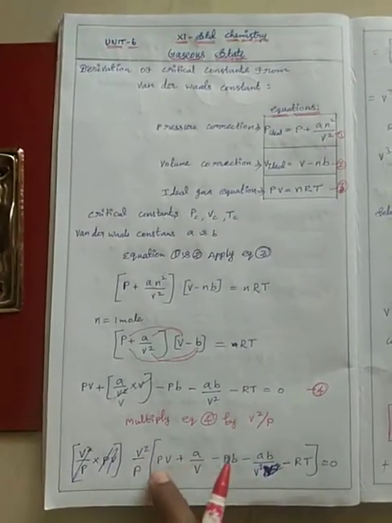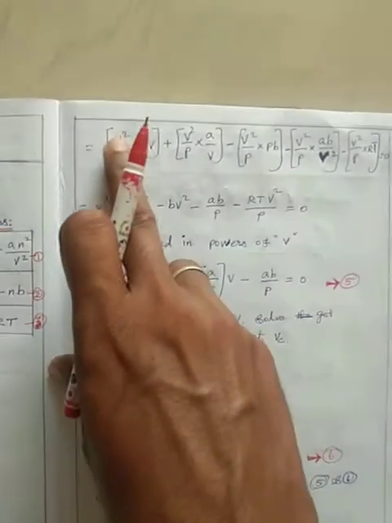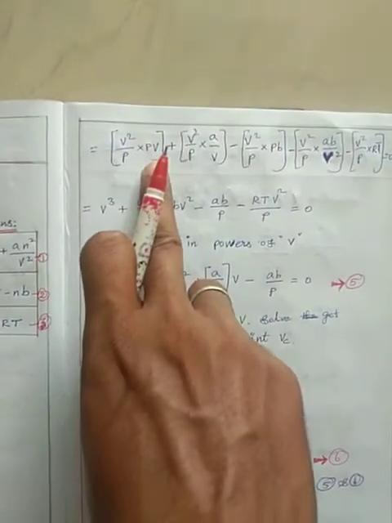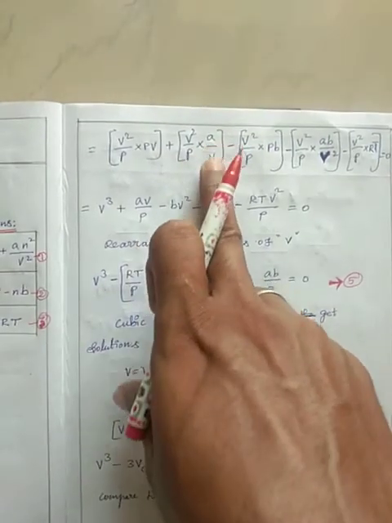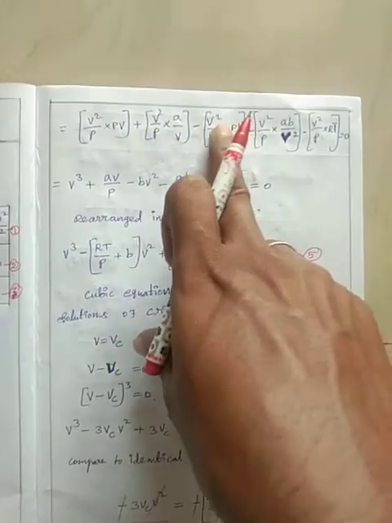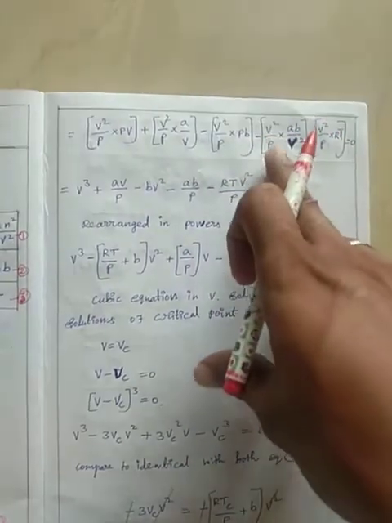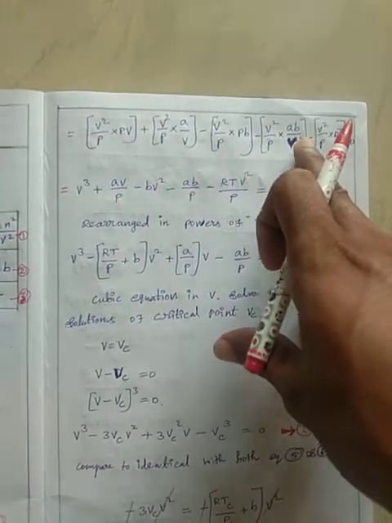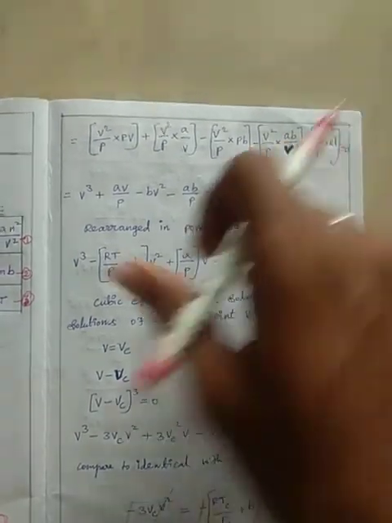Applying the multiplication to every term: V squared divided by P into PV, plus V squared divided by P into a divided by V, minus V squared divided by P into PB, minus V squared divided by P into ab by V squared, minus V squared divided by P into RT.